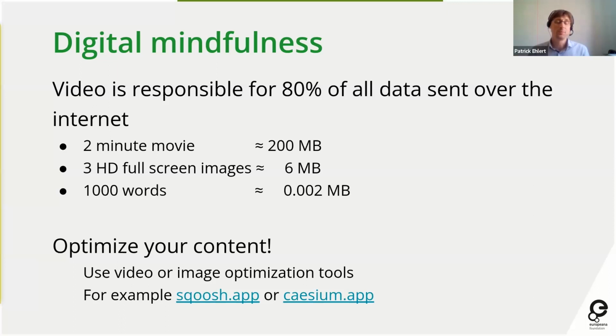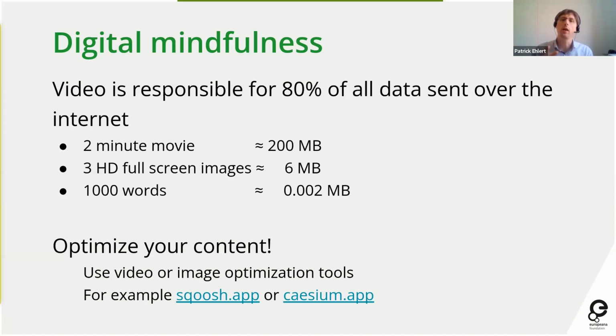So considering how you want to participate in online meetings is already an example of digital sobriety, or personally, I like the term digital mindfulness a bit better. And as I mentioned, video is responsible for quite a lot of data that is being sent around the internet.